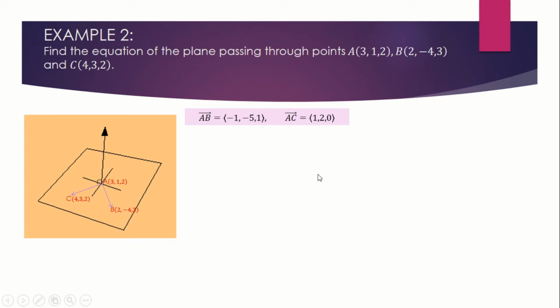As we discussed in the previous slide, if you want to find the equation of the plane, we need the normal vector to the plane. So what is the vector normal to the plane?